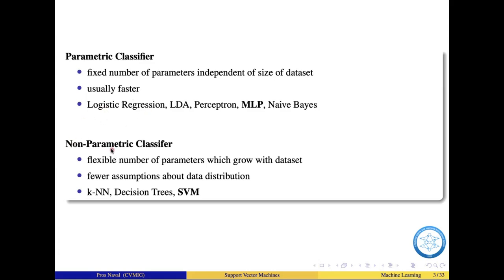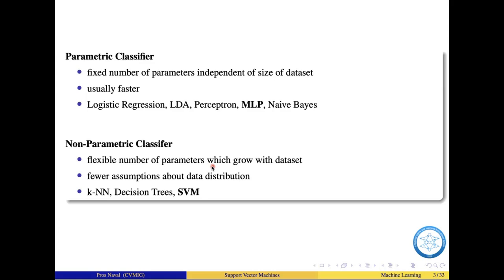On the other hand, the non-parametric classifier has a flexible number of parameters, and this means that the number of parameters grow with the data set. If there's a large data set, then the number of parameters also increase.